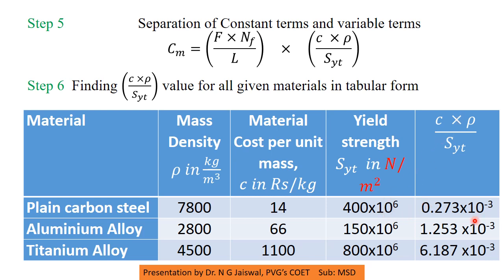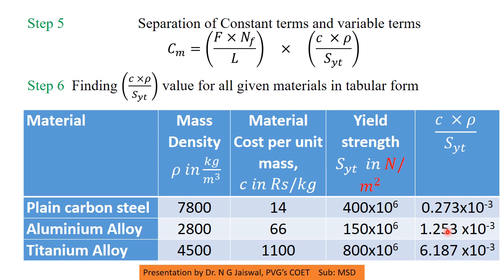So accordingly, the first number, 0.273 into 10 to the power minus 3, is obtained this way. C, that is 40 into 7800 divided by 400 into 10 to the power 6, is equal to this number 0.273 into 10 to the power minus 3.